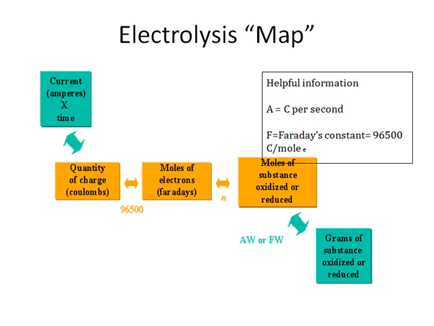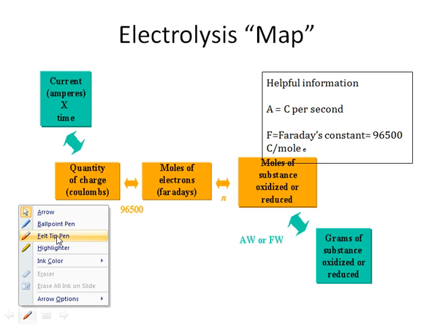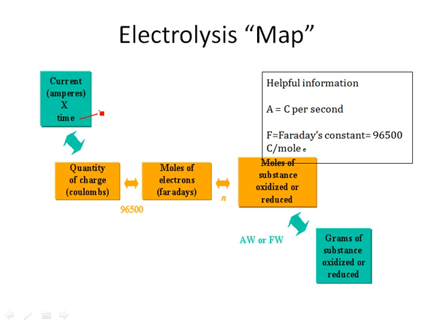Anybody remember what does our time have to be in? Seconds. All right, once you have coulombs, you can find moles of electrons using this, 96,500 coulombs over 1 mole of electrons.